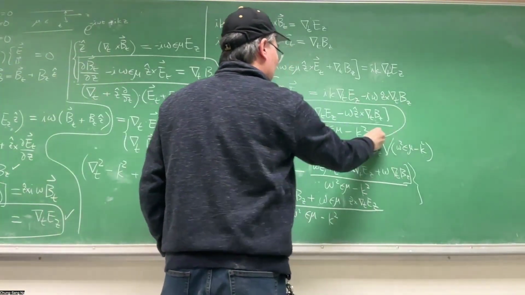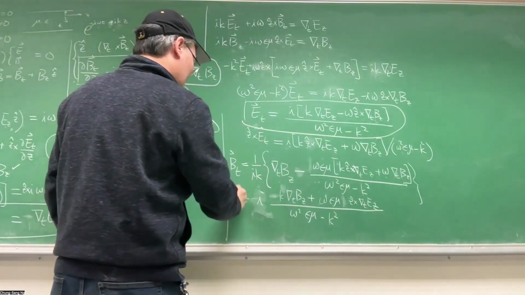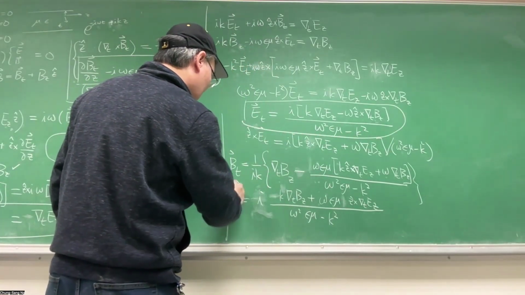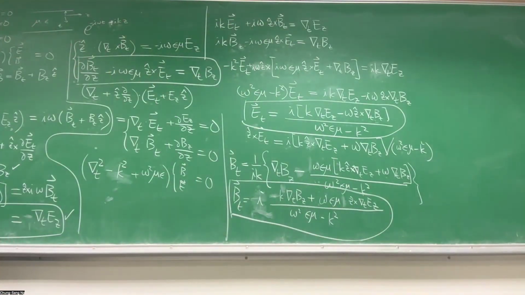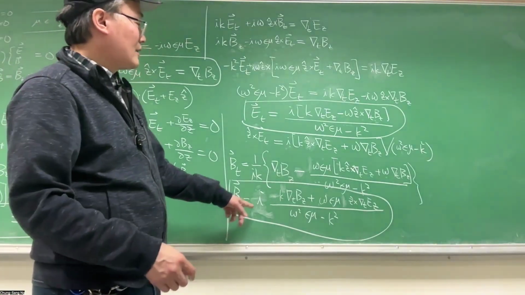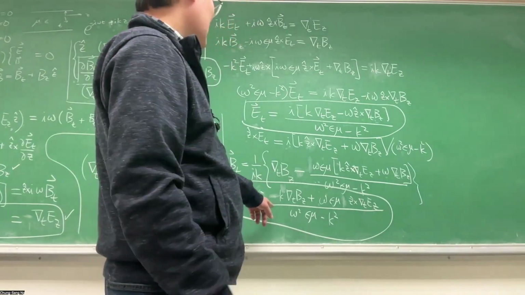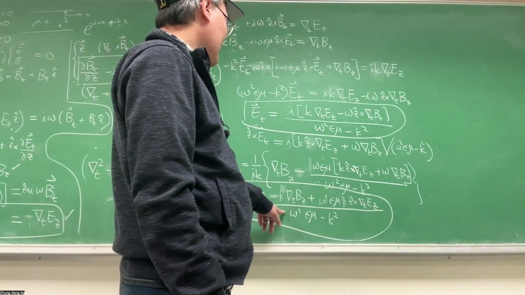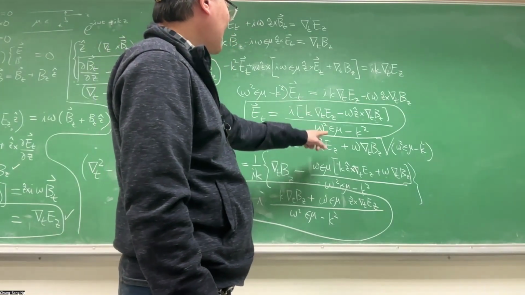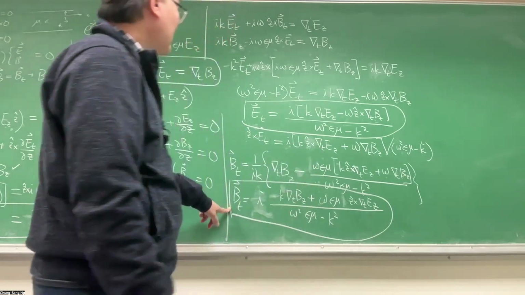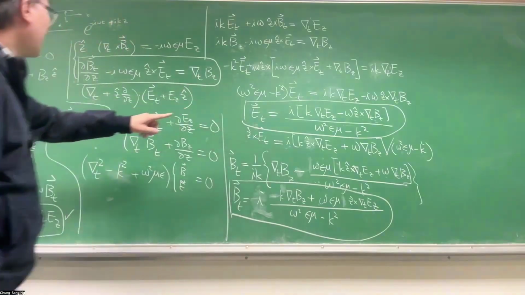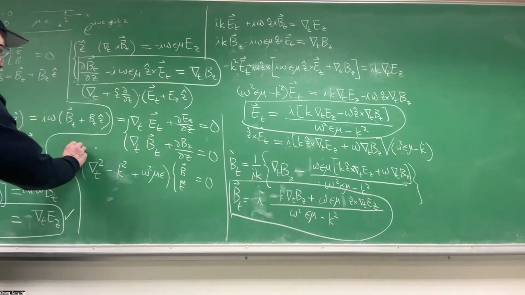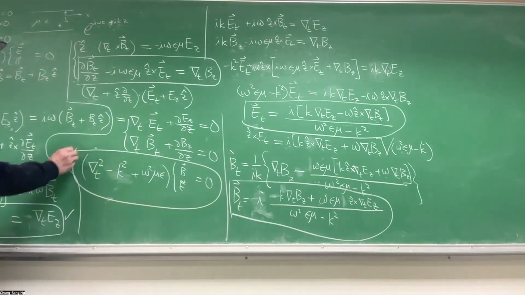This is the expression for e sub t, and this is the expression of b sub t in terms of e sub c and b sub c. Okay, so the idea is that if we are able to solve for b sub c and e sub c, then we don't need to solve for b sub t and e sub t again from the differential equation, because everything satisfies the same differential equation, right?